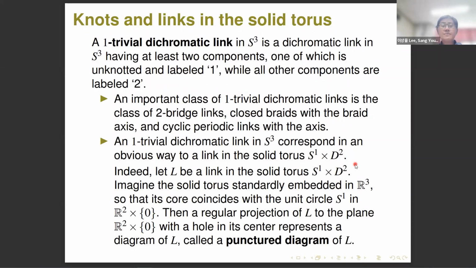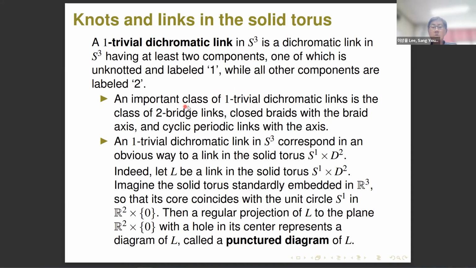Actually, the spatial class of dichromatic links gives knots and links in the solid torus. A one-trivial dichromatic link in the 3-sphere is a dichromatic link having at least 2 components, one of which is unknotted and labeled 1, while all other components are labeled 2.